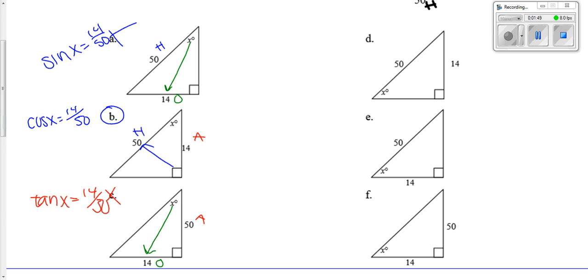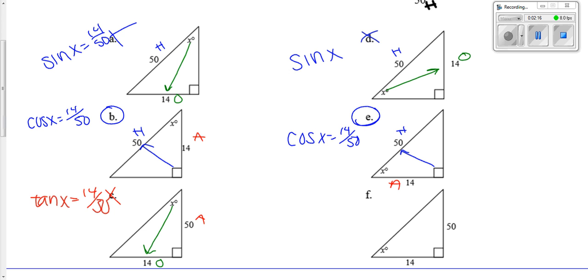For D, 14 is our opposite, 50 is our hypotenuse. So this would again be sine of x. So we wouldn't want to use D. For E, 14 is our adjacent, 50 is our hypotenuse. So this would be cosine of x equals 14 over 50.